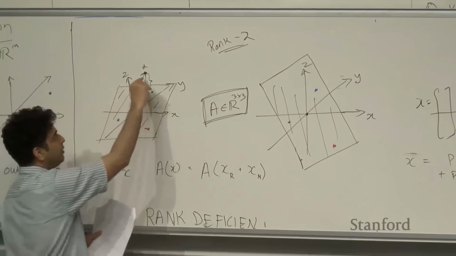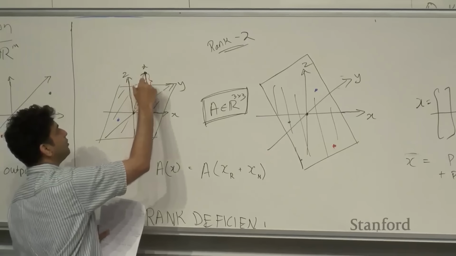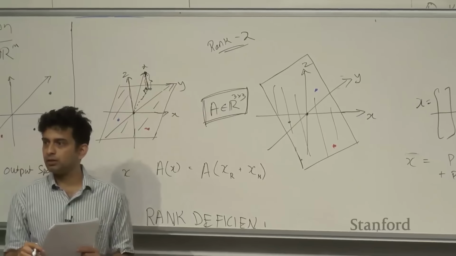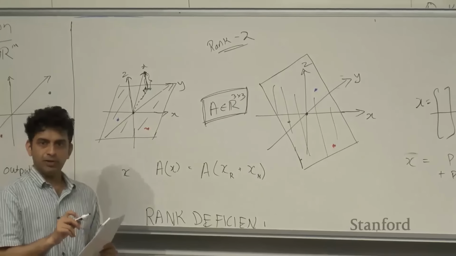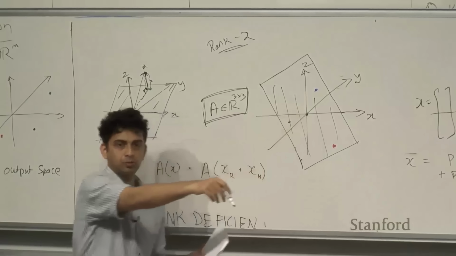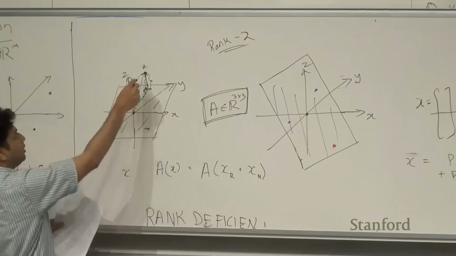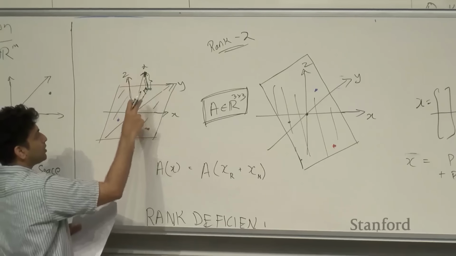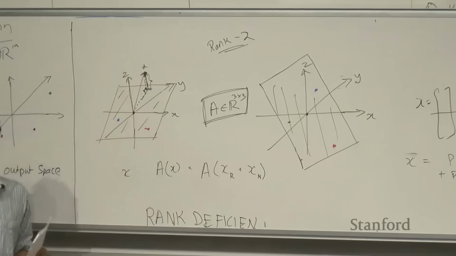The direction in which the residue lives is also called the null space of A, which means any point that lives in the null space of A will always get mapped to 0 in the output space. That's called the null space of A. So any point in the input space can be broken down into two components, a component that lives in the row space and a component that lives in the null space.